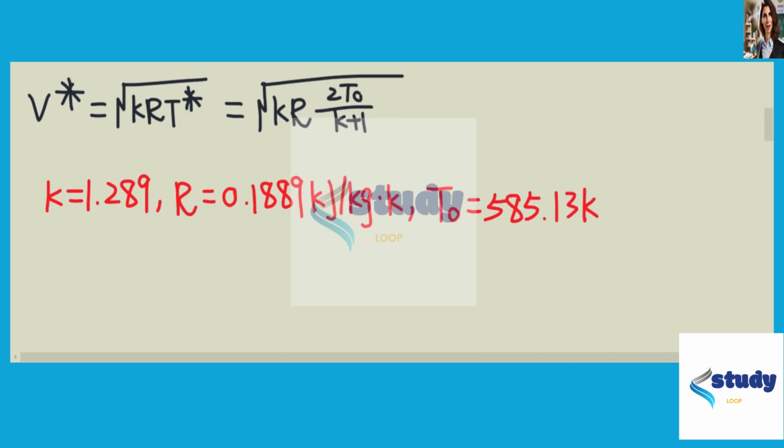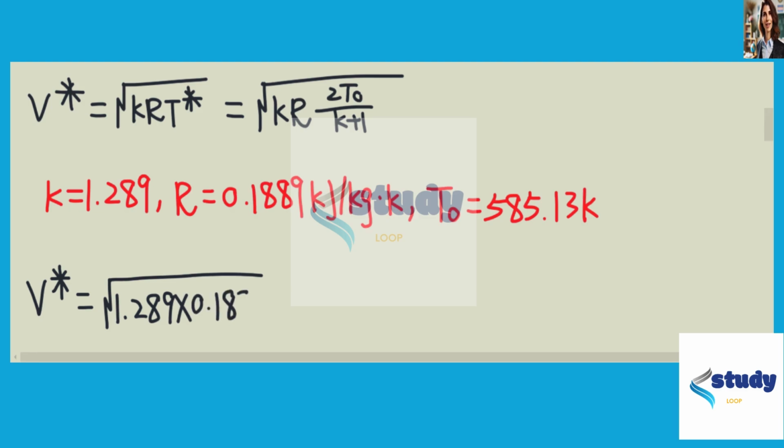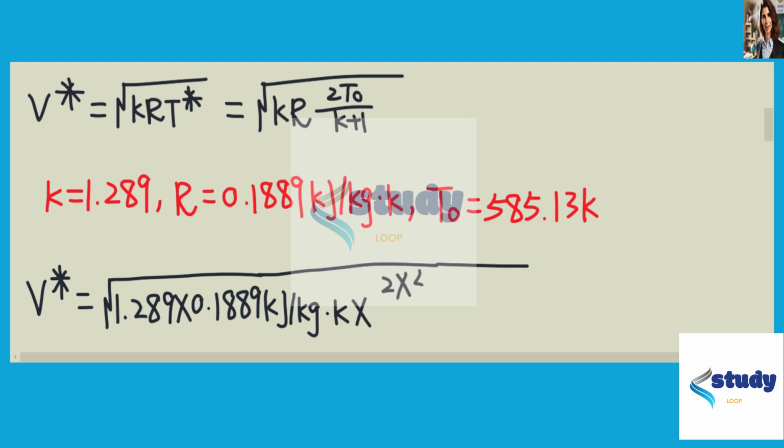So now let's plug back into the equation to determine the velocity of carbon dioxide at the throat, which is equal to square root 1.289 times 0.1889 kilojoule per kilogram times Kelvin, and then times 2 times 585.13 Kelvin over 1.289 plus 1.